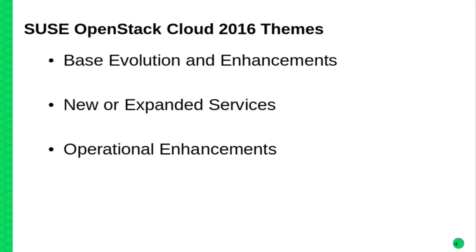We look at expanding services, so those services that are on the right-hand side of that slide, we look at which ones should we add or which ones should we expand, perhaps move from technology preview to full support. And then we look at how we can make it easier to run a cloud, to operate everything in a consistent fashion.